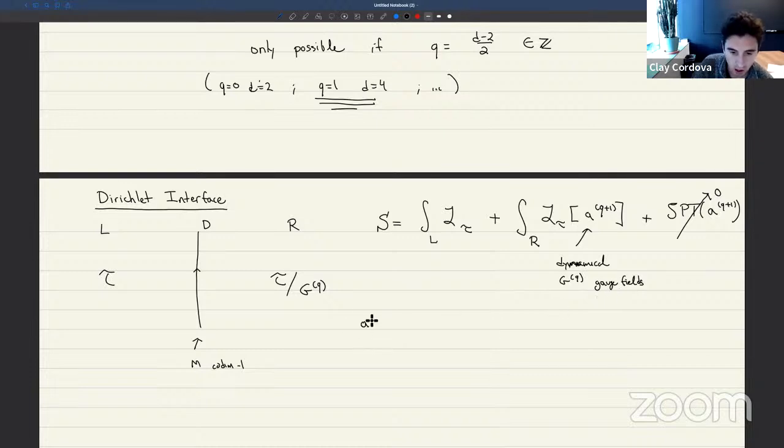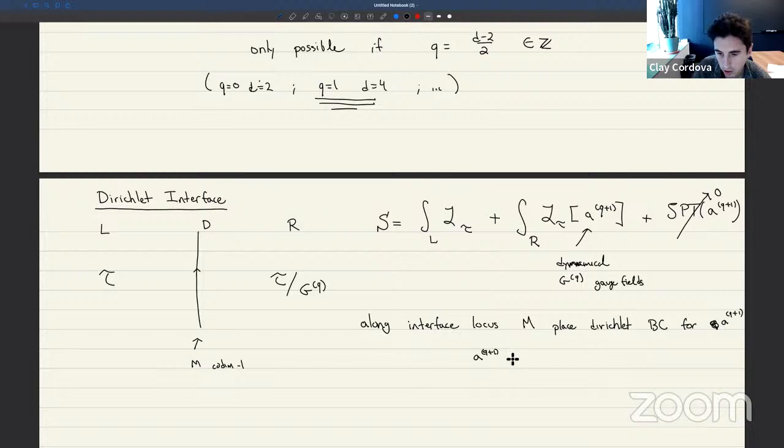And along this interface locus, which is some manifold M, I put Dirichlet boundary conditions for AQ plus 1. So that means that AQ plus 1 restricted to M is set to be 0.